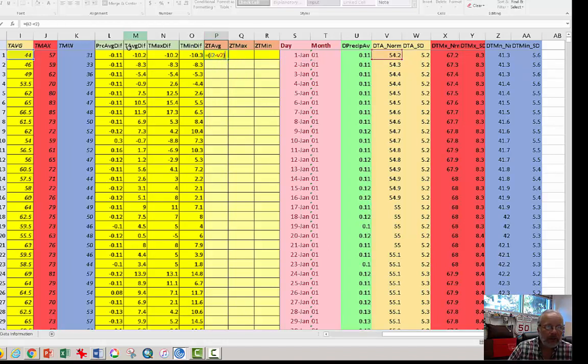That calculation has already been completed in cell M2, so we don't necessarily have to do that again. We could, and we'll do it this way once, and we'll do it a different way next time.